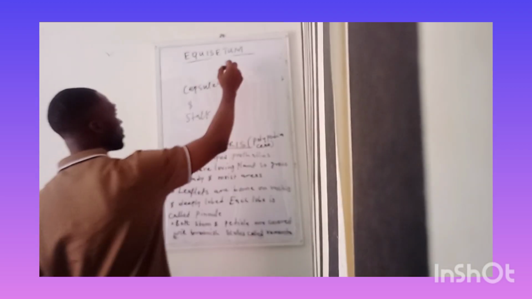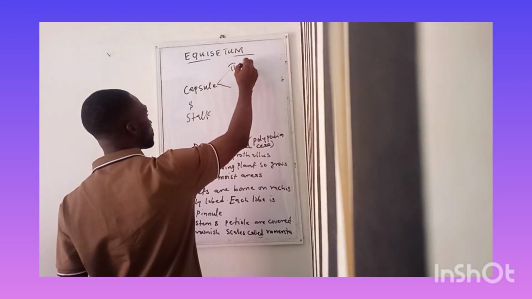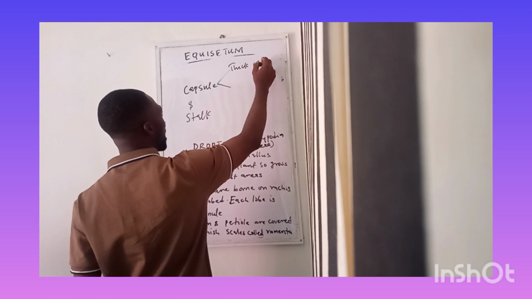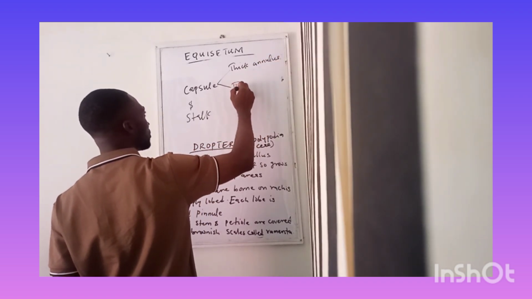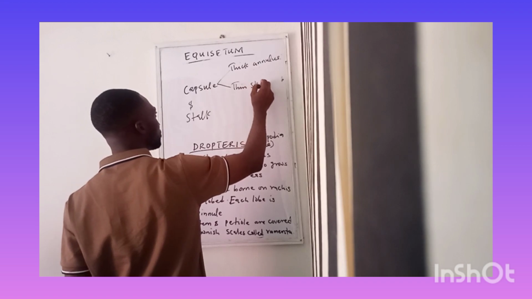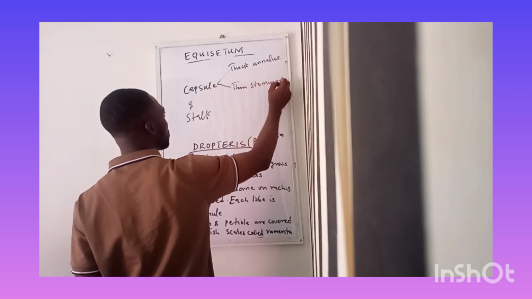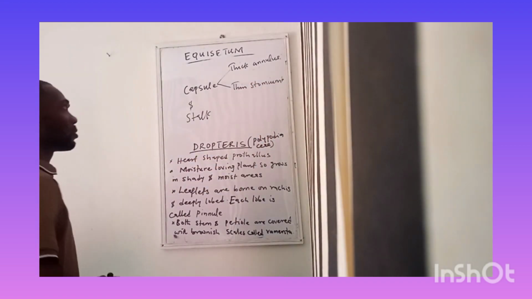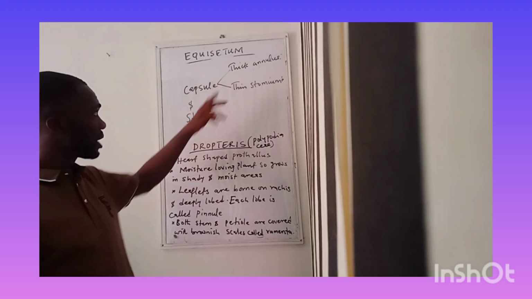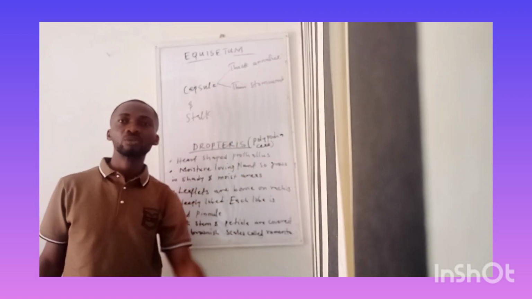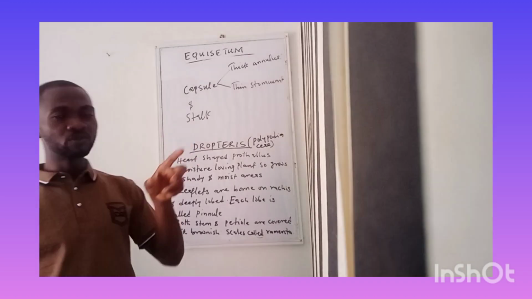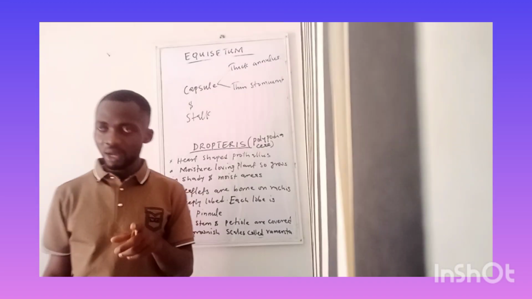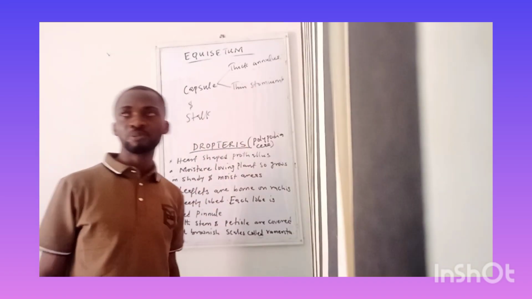We have the thick wall, called the annulus, and the thin wall, called the stomium. So these are the two different walls you see within the sporangium.